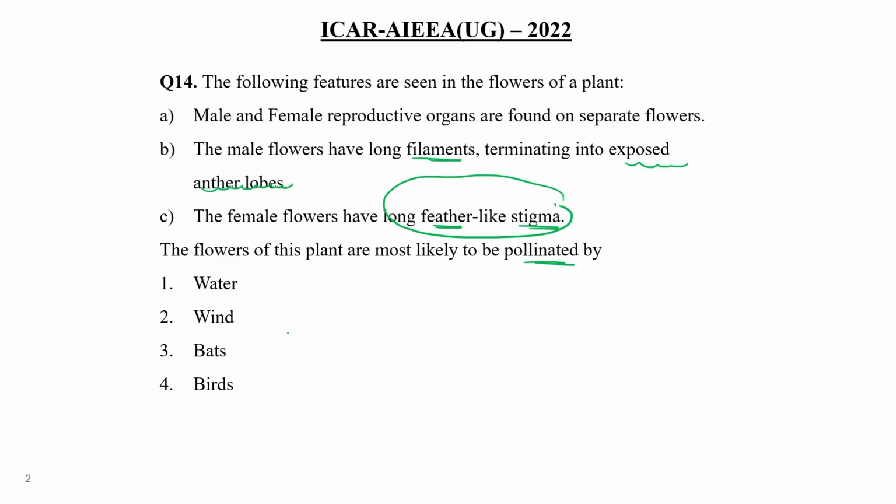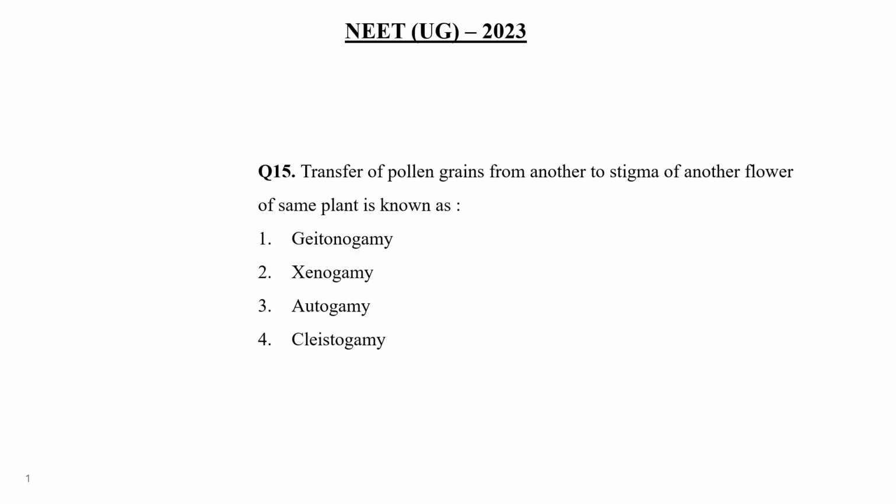With the help of feathers, pollen easily moves from one place to another. So choice number 2 would be the correct answer of this question. Clear? Okay. Now next question, question number 15.